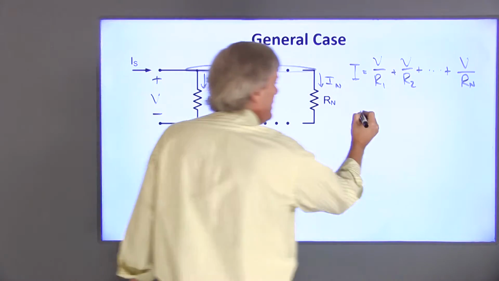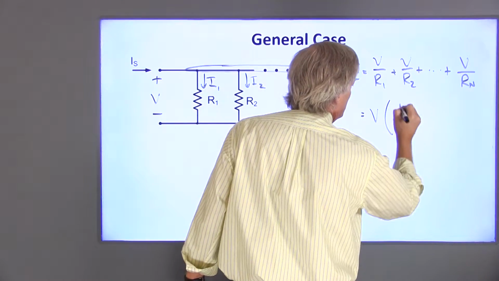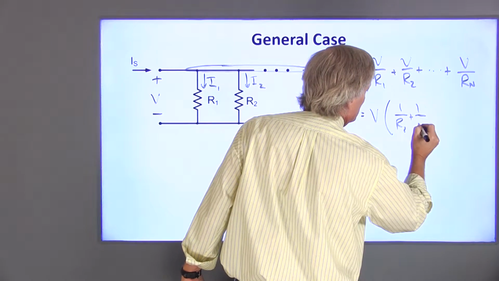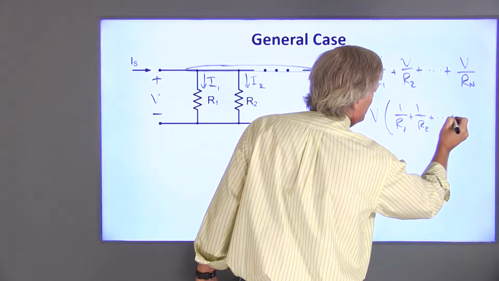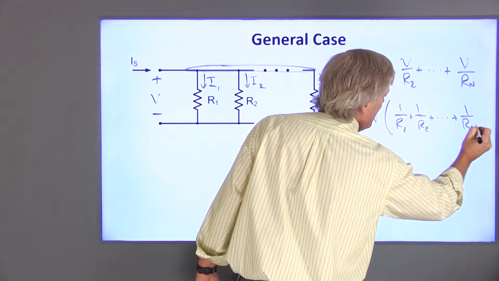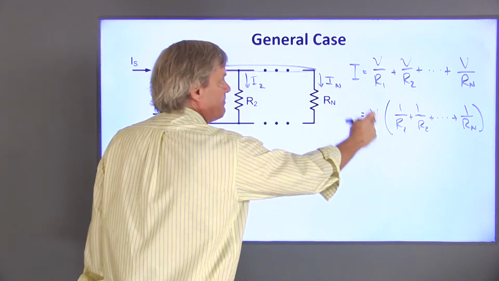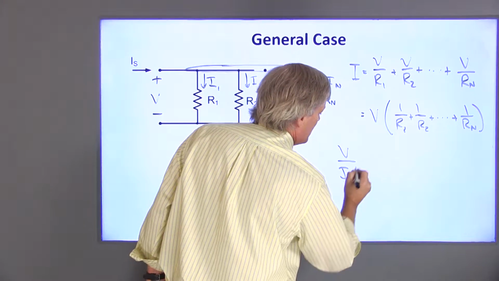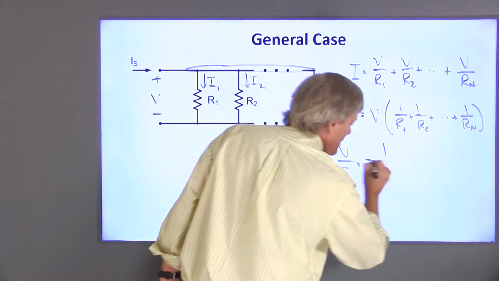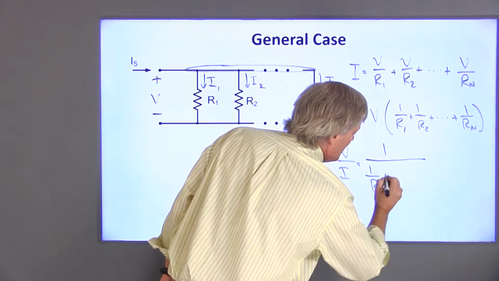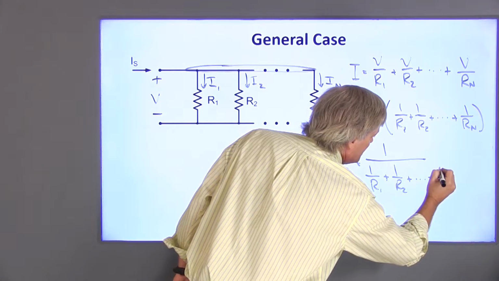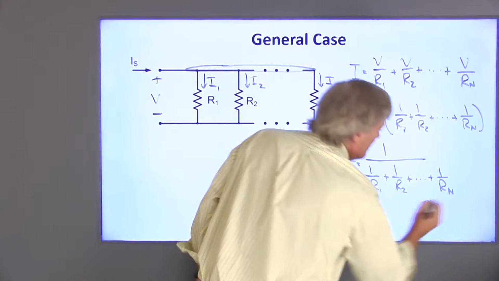So I can take out the V. This becomes V times 1 over R1 plus 1 over R2 plus a bunch of other terms up to 1 over Rn. Dividing by I and this term, V over I is equal to 1 over R1 plus 1 over R2 plus a bunch of other terms up to 1 over R sub n.